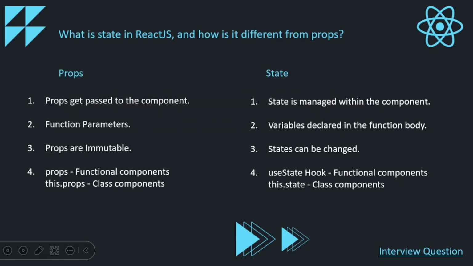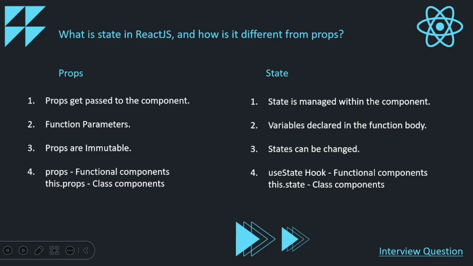So props get passed to the component, whereas state is managed within the component. We have seen that we pass the props from the parent component to the child component, but we create a state within a component itself. The next difference is that props are termed as function parameters, whereas state is termed as variables declared inside the function body.